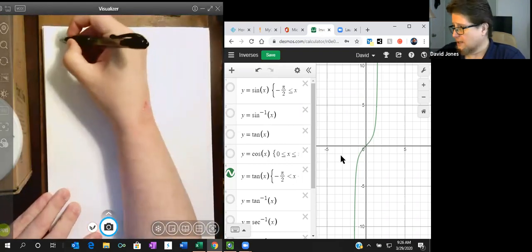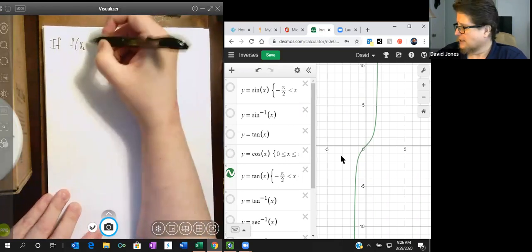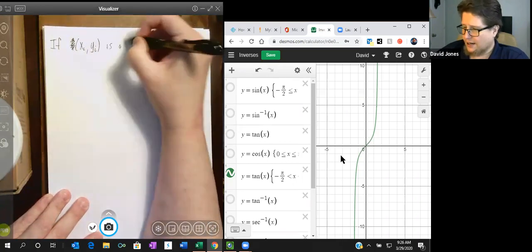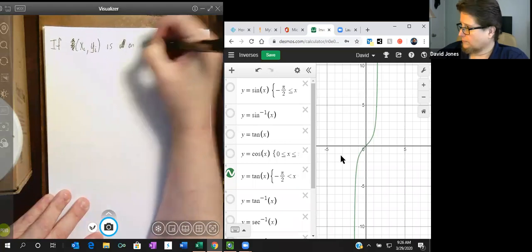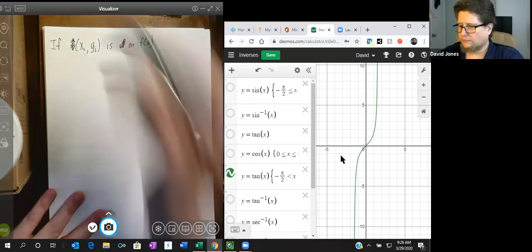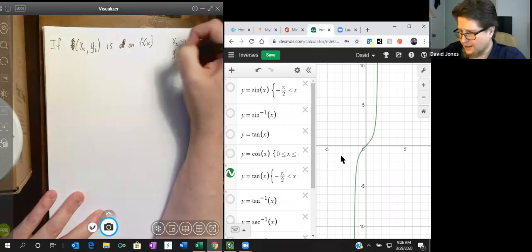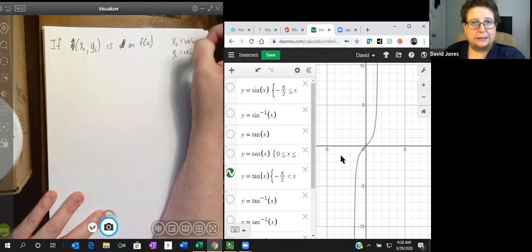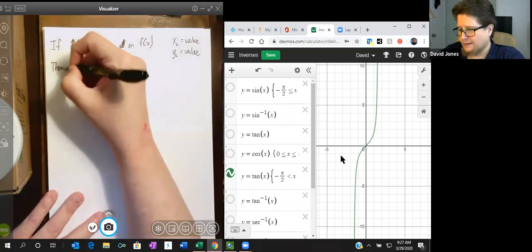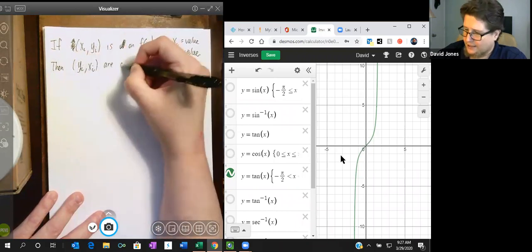If xi, yi is on f of x, so xi is just some value, yi is another value, could be the same, might be different, then yi, xi are on f inverse.